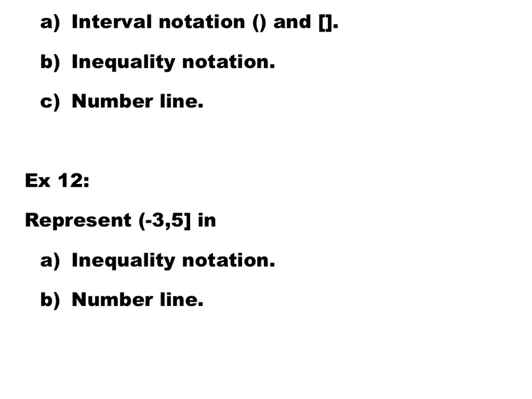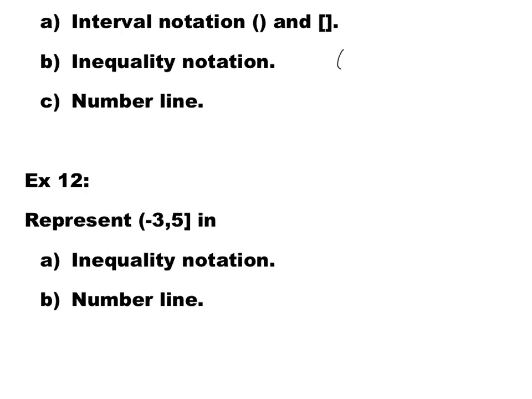The next one is function interval notation. We use three methods. One is using brackets and square brackets. The only difference between these two is that when you use brackets, it's not going to include the extreme points.